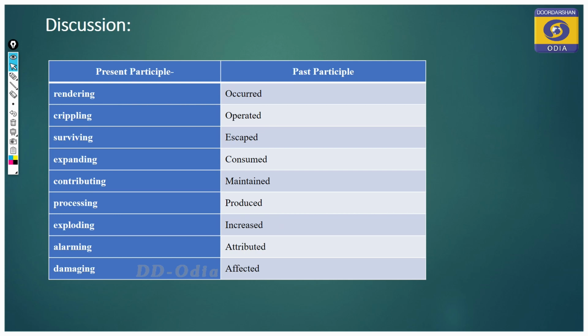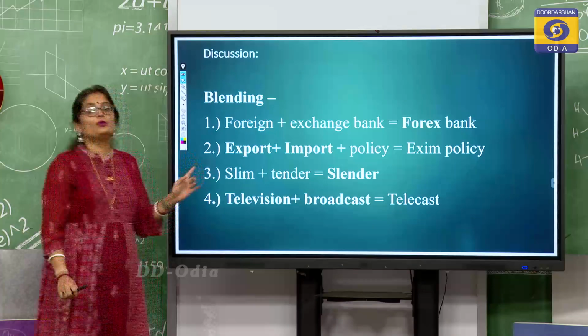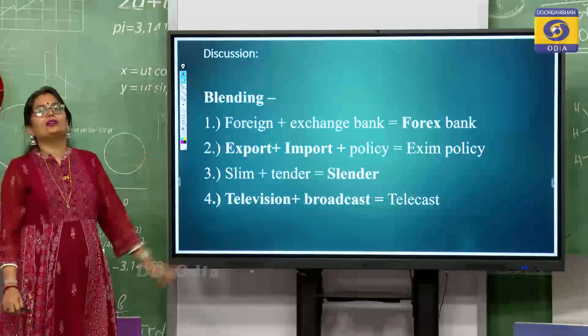Let's see, rendering would be occurred in the past participle, crippling would be operated, surviving would be escaped, expanding would be consumed, contributing would be maintained, processing would be produced, exploding would be increased, alarming would be attributed, damaging would be affected.